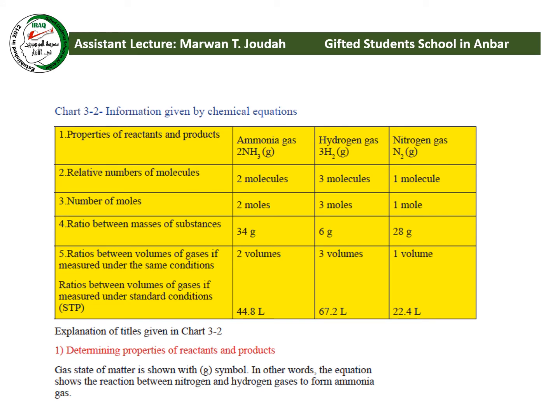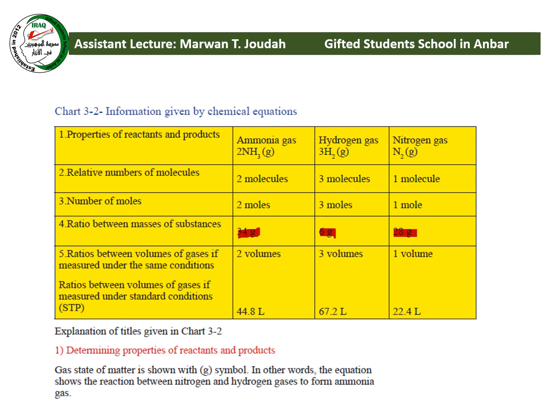The ratio between masses of substances. Let's say that we have mixed 28 grams of nitrogen with 6 grams of hydrogen, which is 3 moles, and we got 34 grams of ammonia gas.